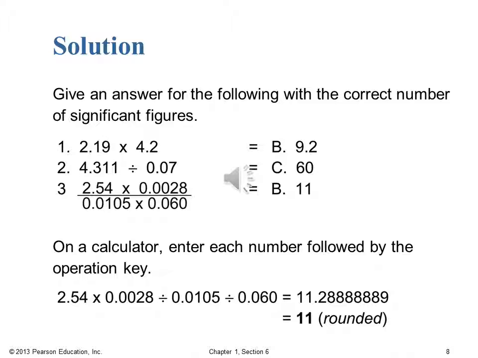So remember, take a look at what the calculator gives. For this example, we were just looking at the numbers that made sense, but the reason we went with 11 there for that last example is that we had 11.2888889, so we would round because the 0.2 is less than 5, we would round down to 11.